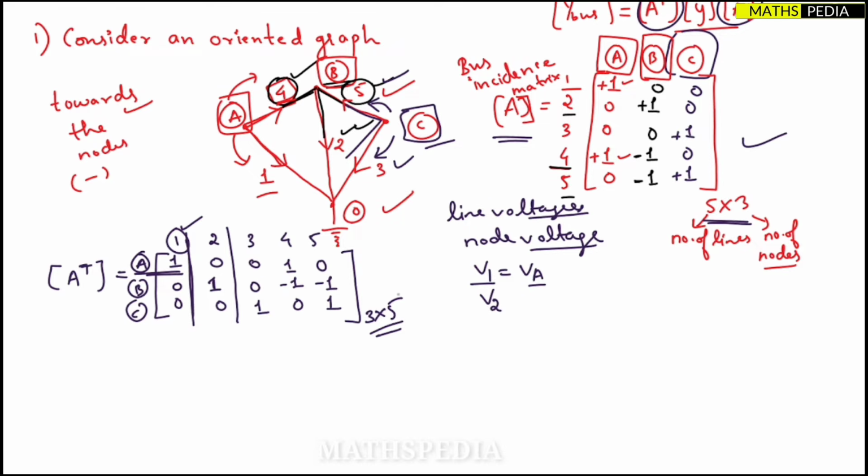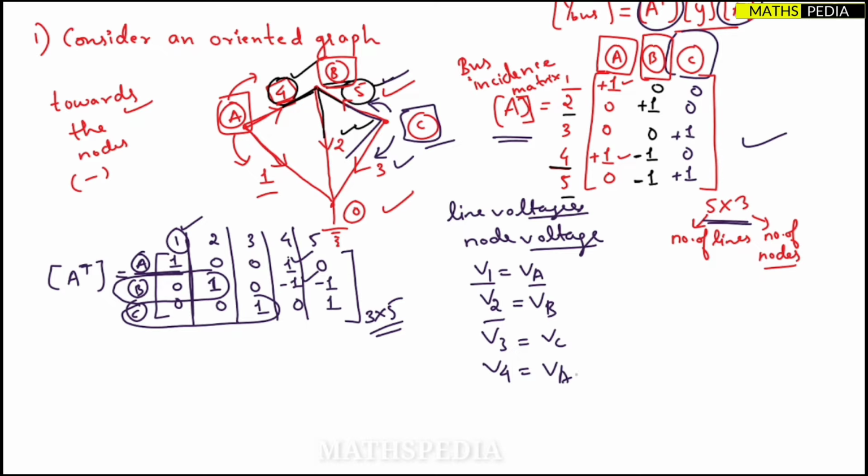So line voltages V1, V2. V2 will be the second column; if you see, we have the B, that means equal to VB, correct? Third column, if you see V3, which is equal to VC, only VC we have, correct? And the fourth line voltage, if you see the fourth column, here we have A as well as B, correct?